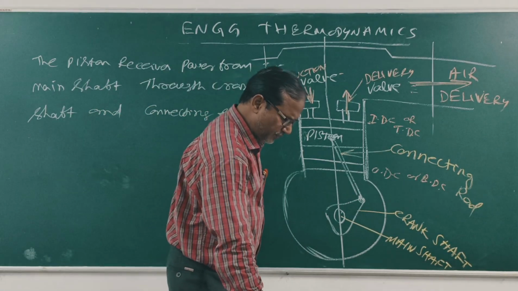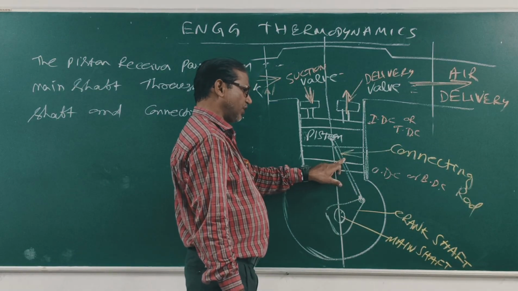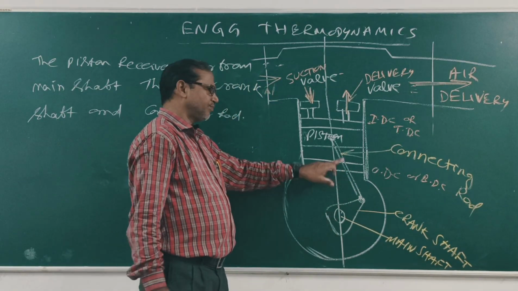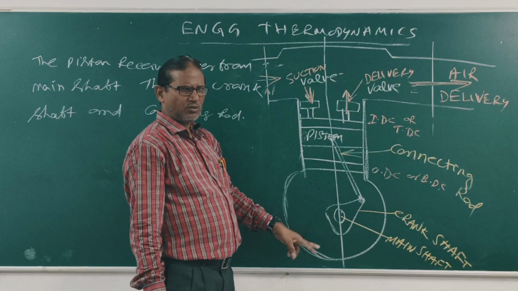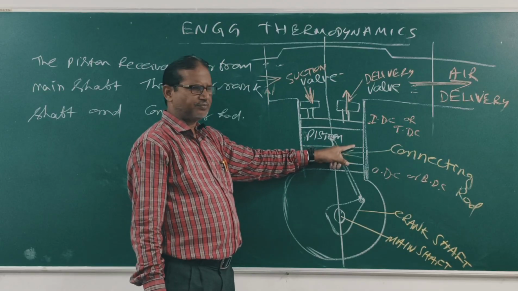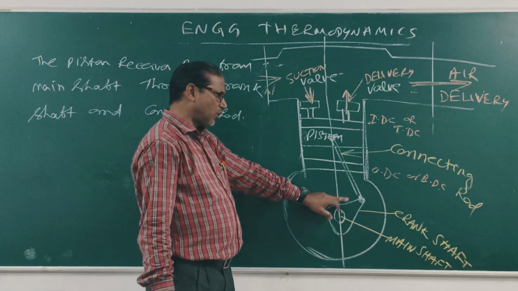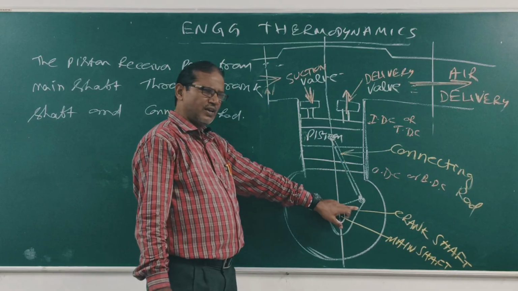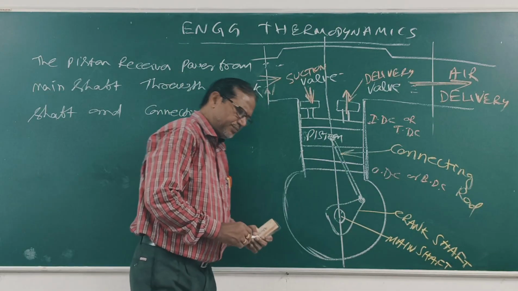This is crankshaft, this is connecting rod, this is main shaft, this is piston. The piston moves up and down within the cylinder. Clear?